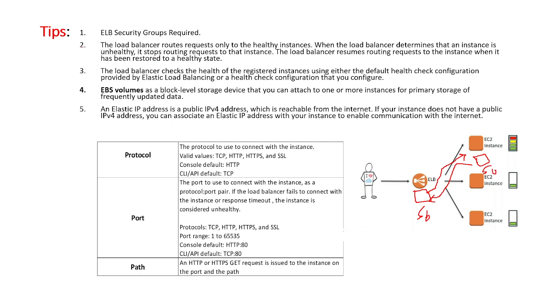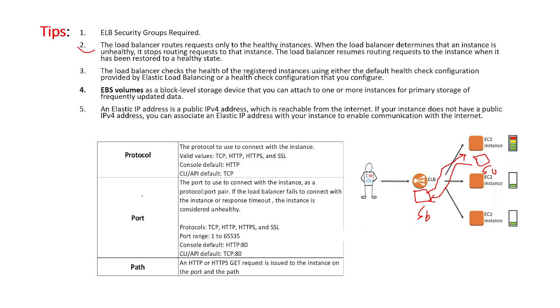The second one: when the load balancer routes the traffic toward the healthy instance, it determines the route also, and the load balancer checks the health of the registered EC2 instance using either the default health check configuration provided by the elastic load balancer.